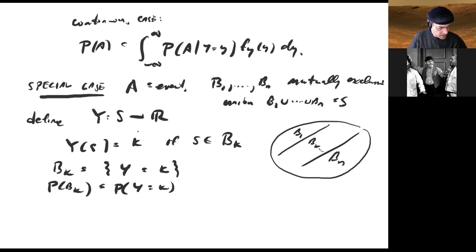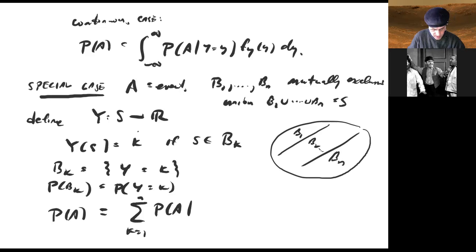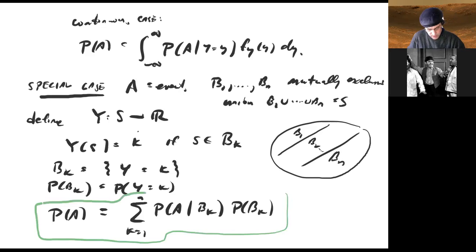And if we do the formula I got on the previous slide, we get the probability of A is given by the sum, k goes from 1 to n, of the probability of A given Bk times the probability of Bk. So this was a formula we got a long time ago, which enables you to compute the probability of A in terms of conditional probabilities on the right-hand side.